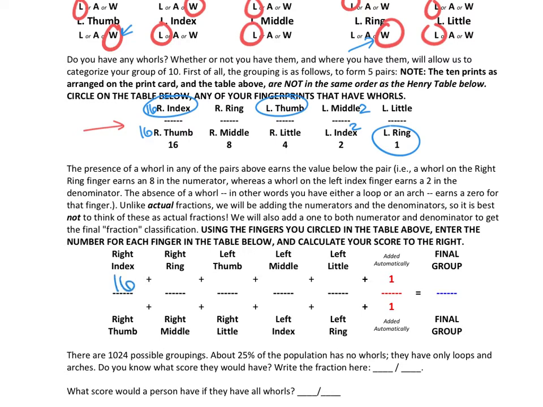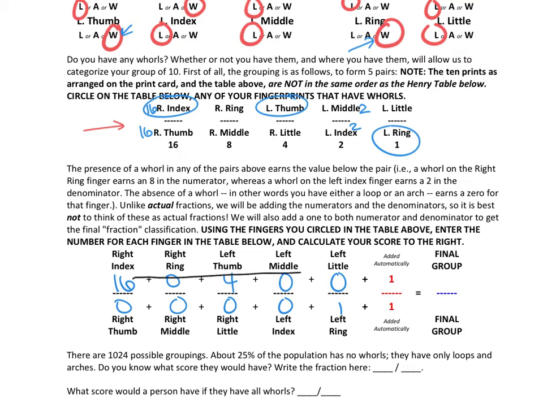Mine would look just like this, and this goes in the same order as above. So 16, 0, 0, 0, 4, 0, 0, 0, 0, and then 1. This isn't like a typical math fraction where I'm adding with a common denominator. I'll actually be adding across.